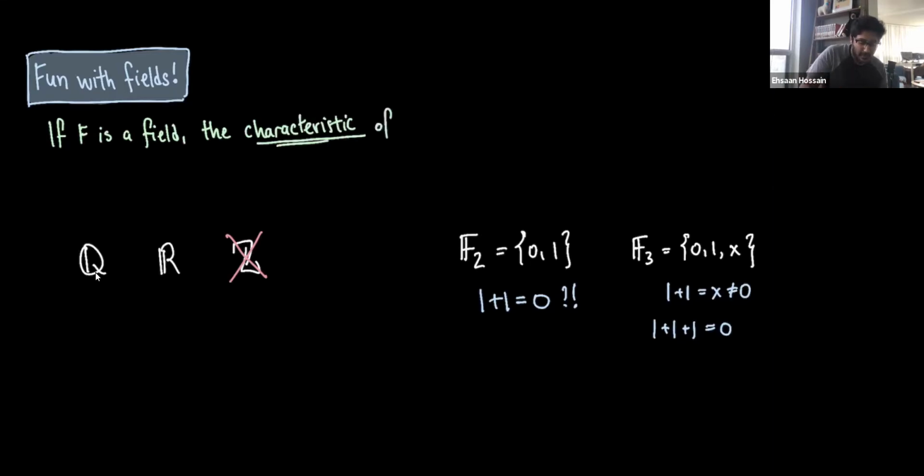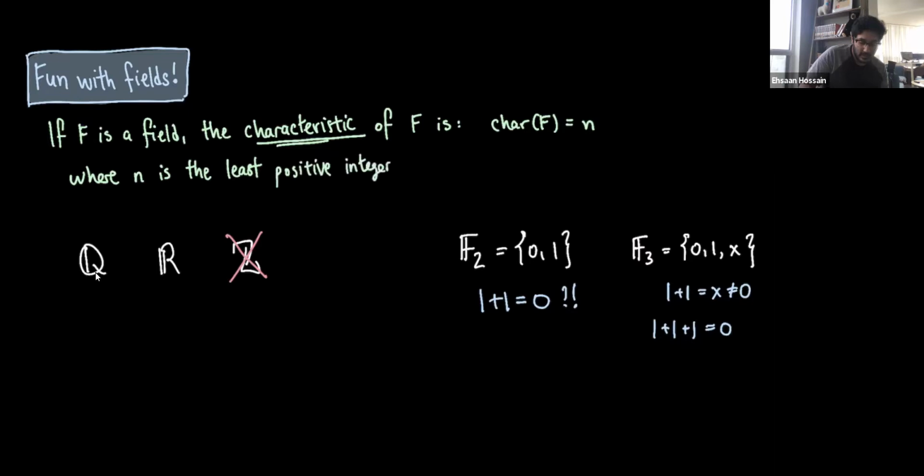The characteristic of F, we call it char F for short, is n, where n is the least positive integer such that if I add 1 n times, 1 plus 1 plus 1, and so on, n times, you get 0.